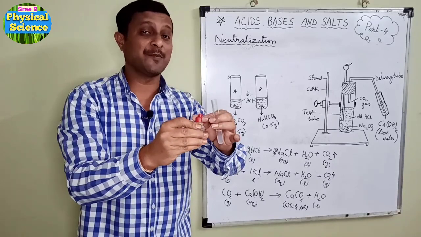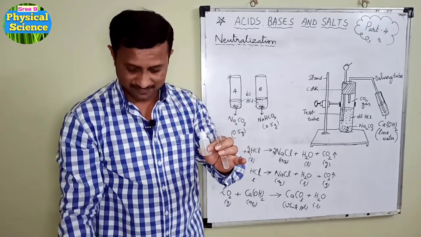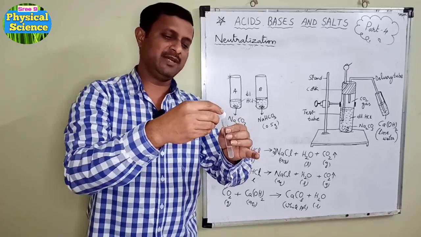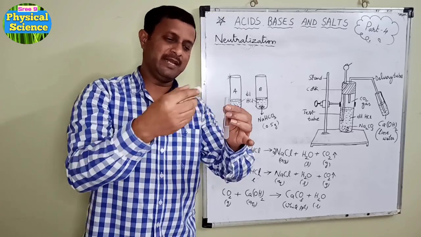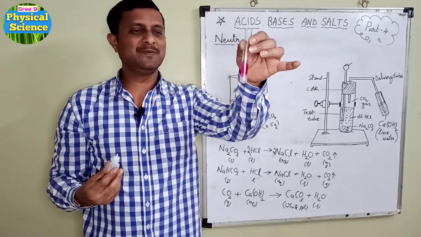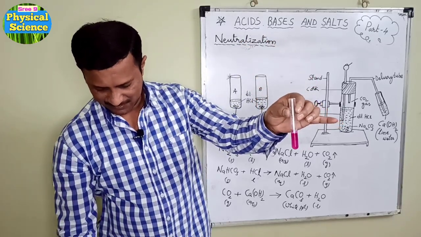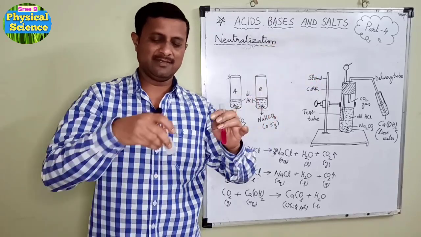To a base, if we add phenolphthalein, what happens? Do you remember? Phenolphthalein turns bases into pink color, right? So here we got pink color. It means it is a base.